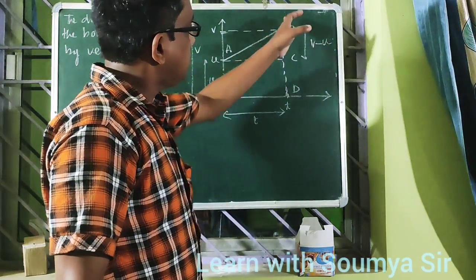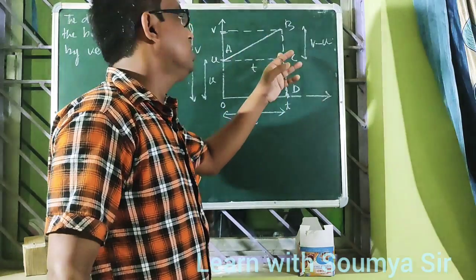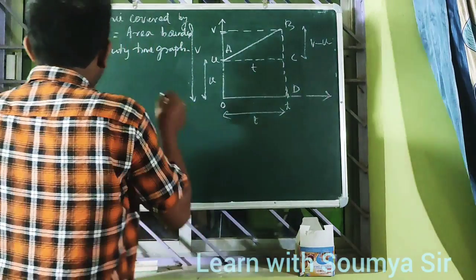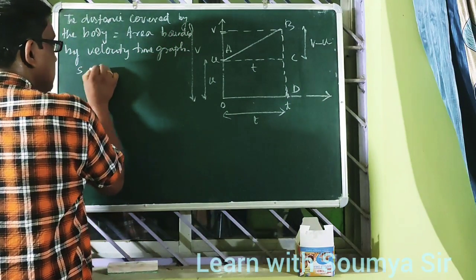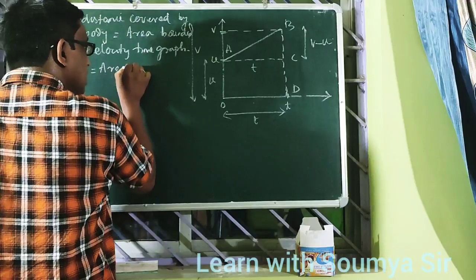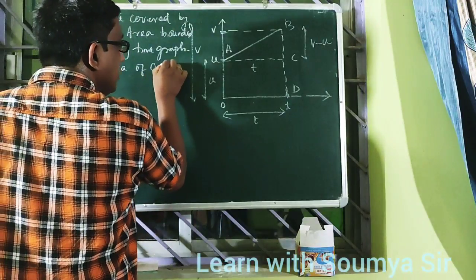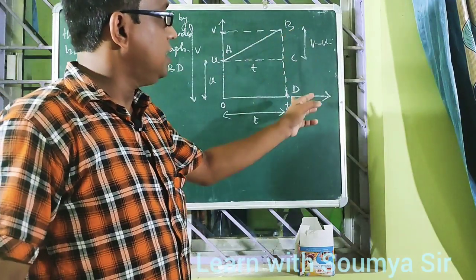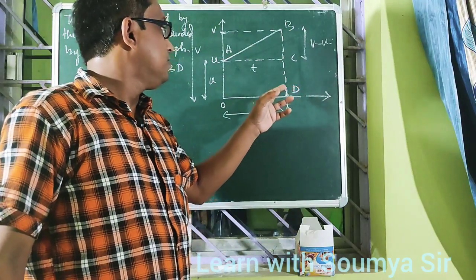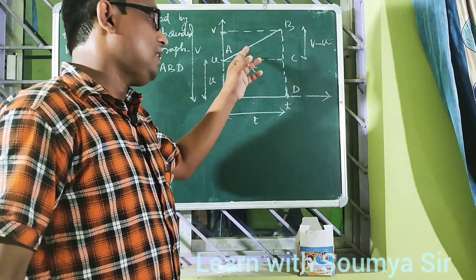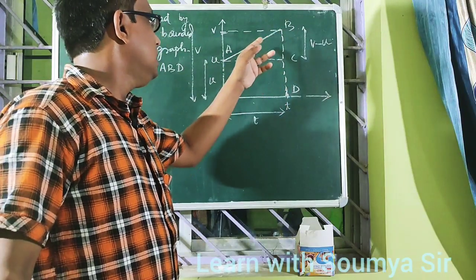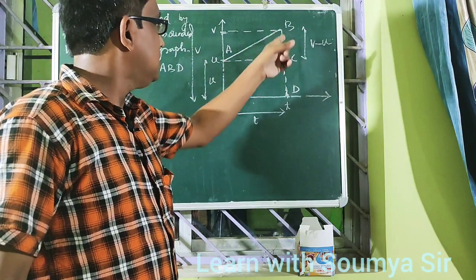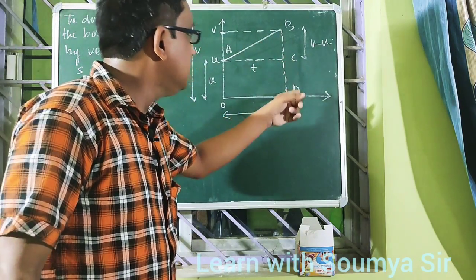So this OABD is the combination of two figures. One is a triangle, another is a rectangle. So we can write S is equal to the area of OABD. This OABD figure is the constituent of two figures: the triangle ABC and the rectangle OACD.